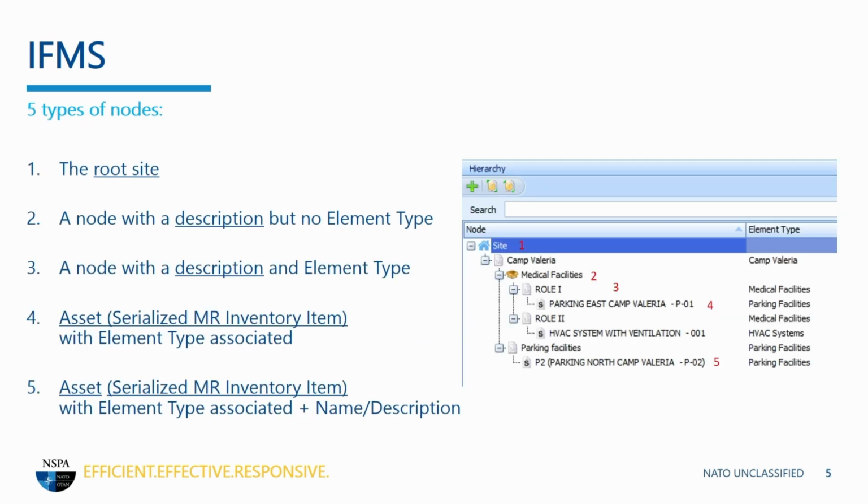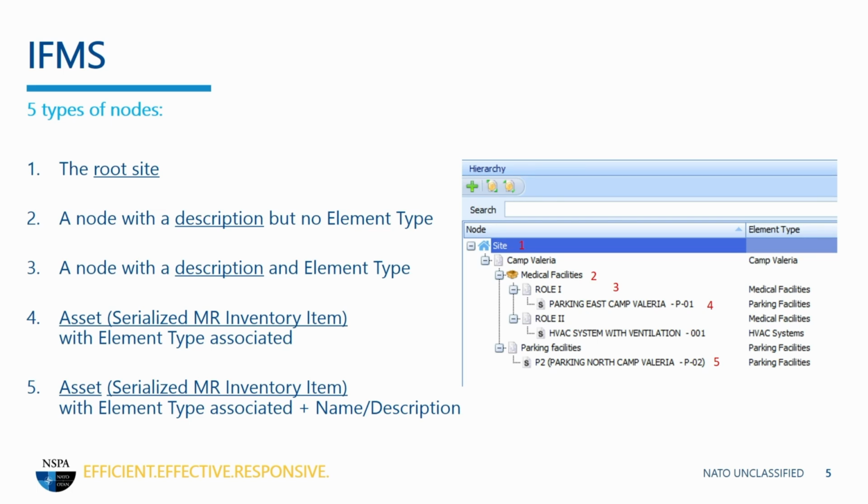We can have 5 types of nodes. The root site, which is on the screen, number 1 by default. Number 2, a node with a description only, but no element type associated with it. As you can see on the screen, there is no element type. Then number 3, a node with a description and an element type.